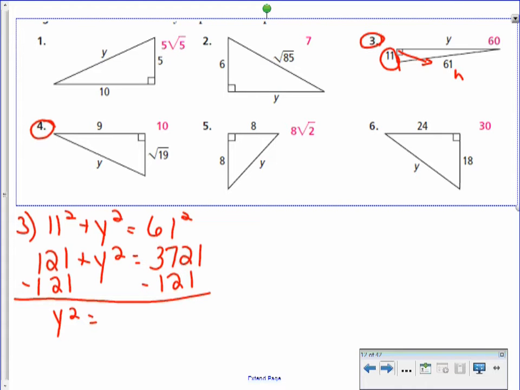So let's see, that gets 0, 0, 6, 3. And then we square root. And so that should get us 60, I believe. Which is the answer they sent, so that makes sense.